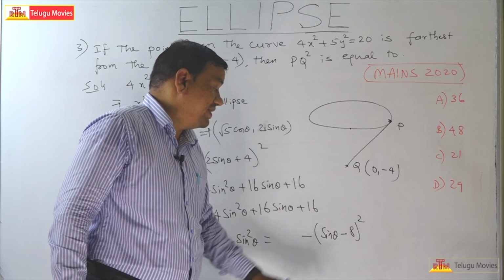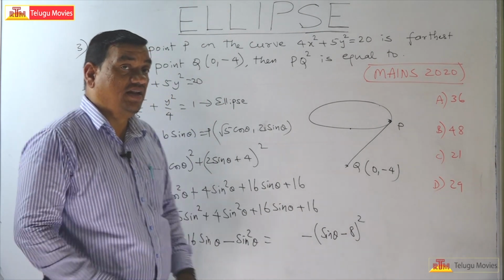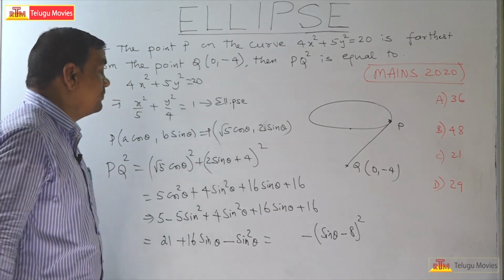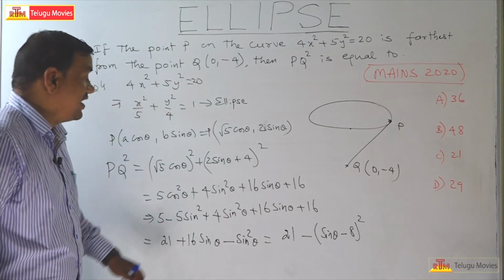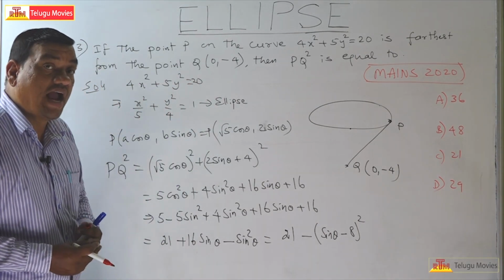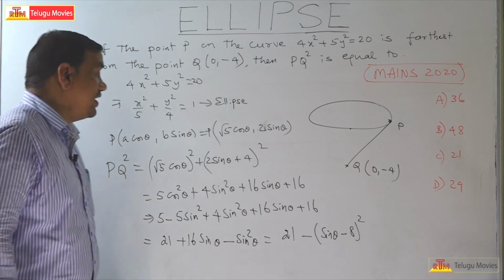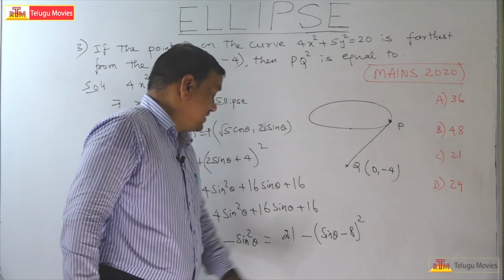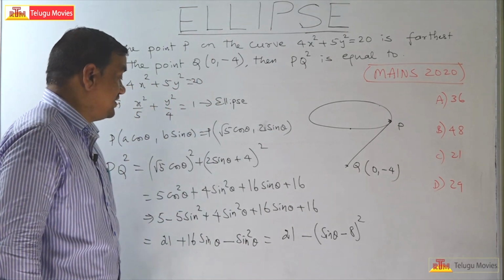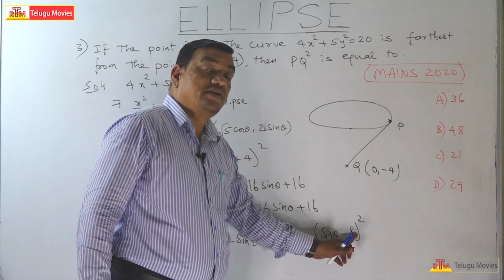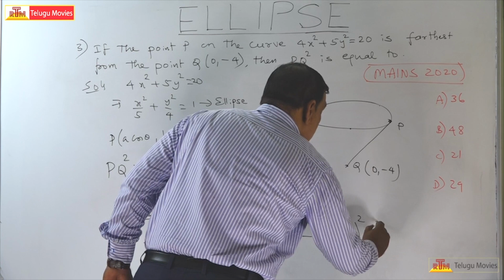So minus 2ab means minus 16 sin theta, already outside plus minus is there, so plus 16 sin theta. The previous 21 is already there. Then what more must be added or subtracted to balance the equation? Minus into minus gives plus 16 sin theta, and 8 square is 64, so minus 64 you will get. So this is plus 64.